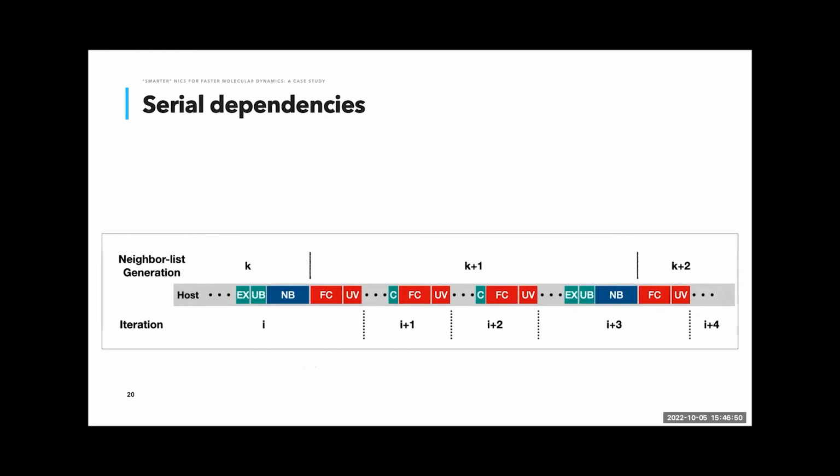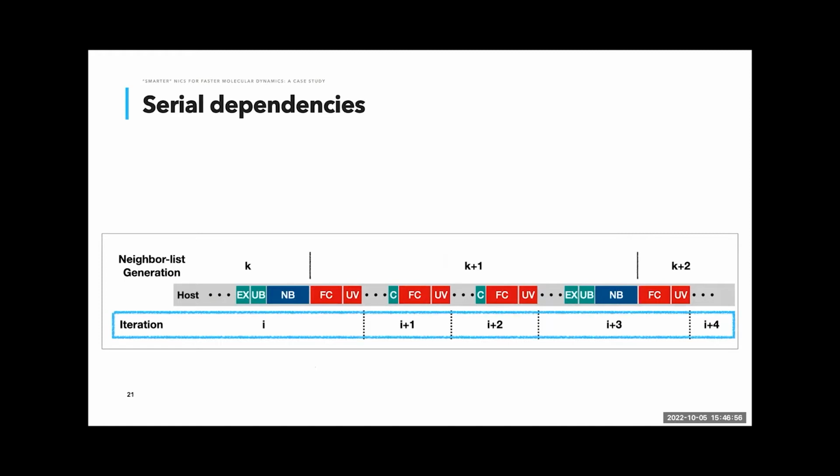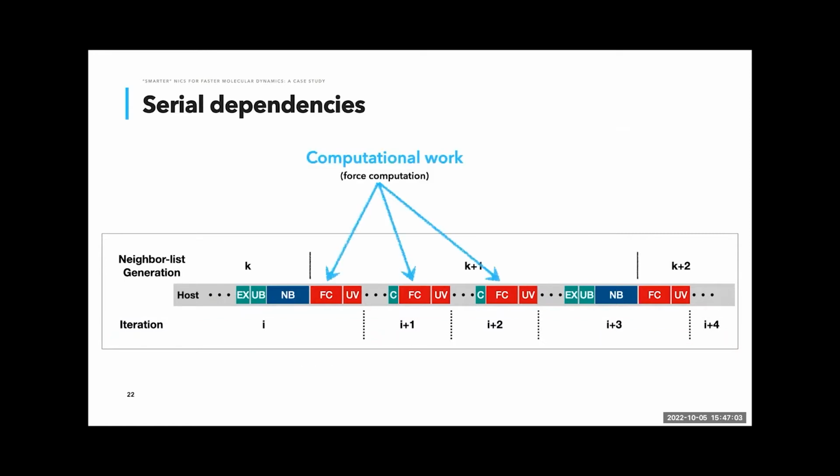Here is what the execution timeline looks like. The algorithm iterates over time steps. In each iteration, the computational bottleneck is the force computation, shown here by red FC boxes.